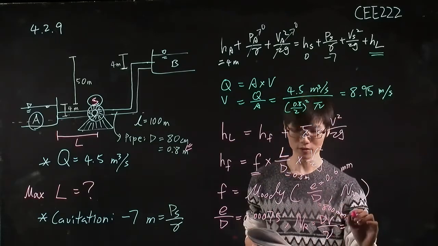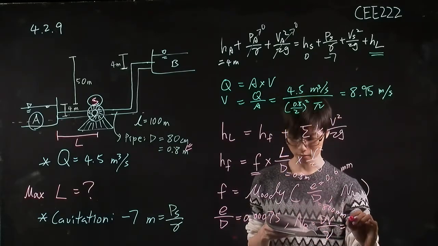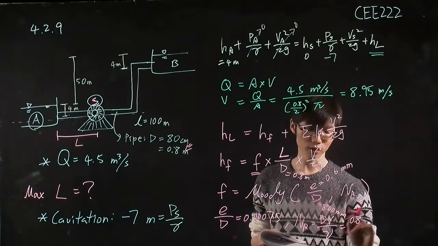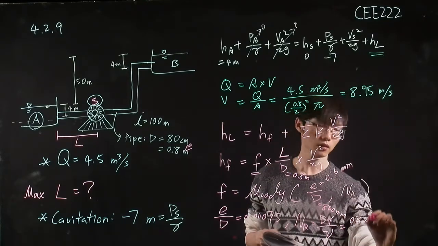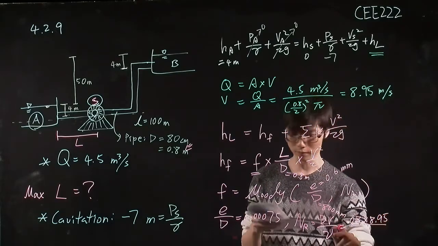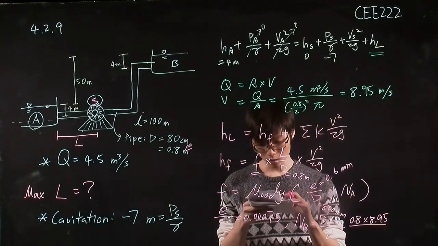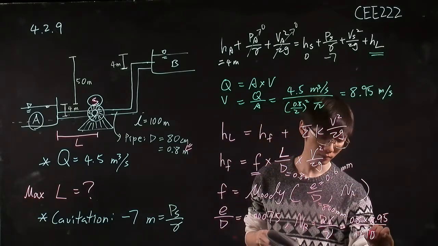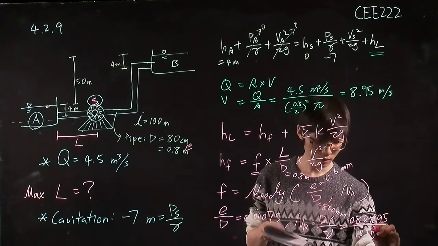Okay, so the diameter of the pipe is 0.8. Velocity is 8.95 divided by the viscosity of water, which is 1 times 10 to the power of minus 6.